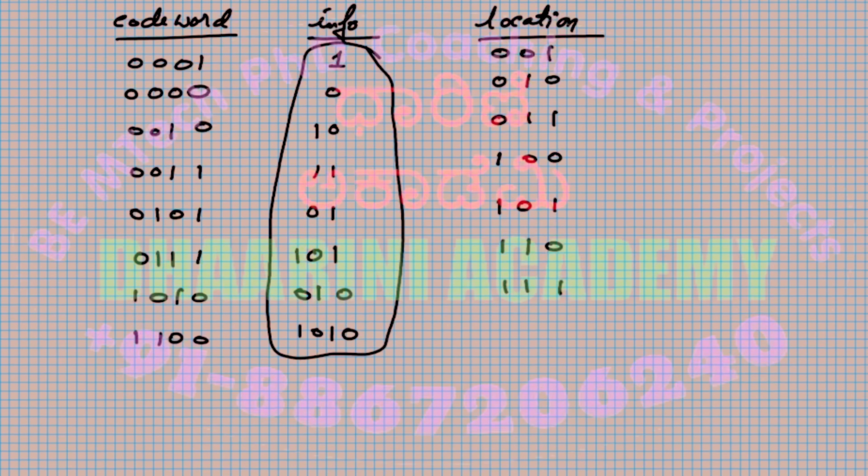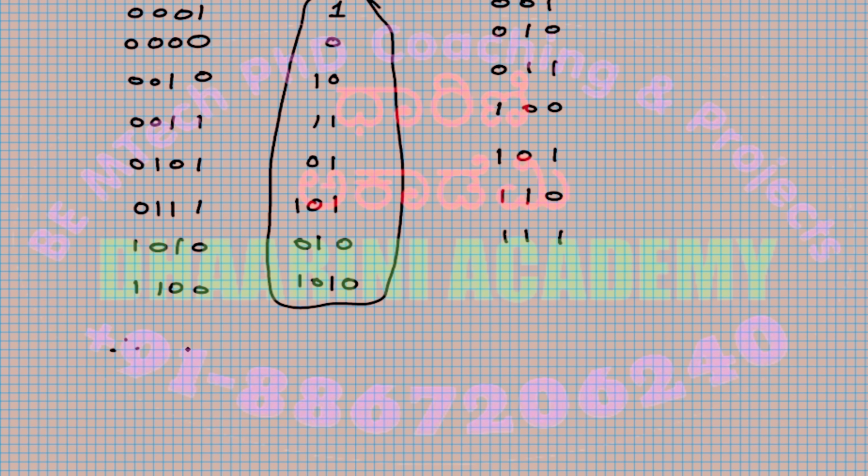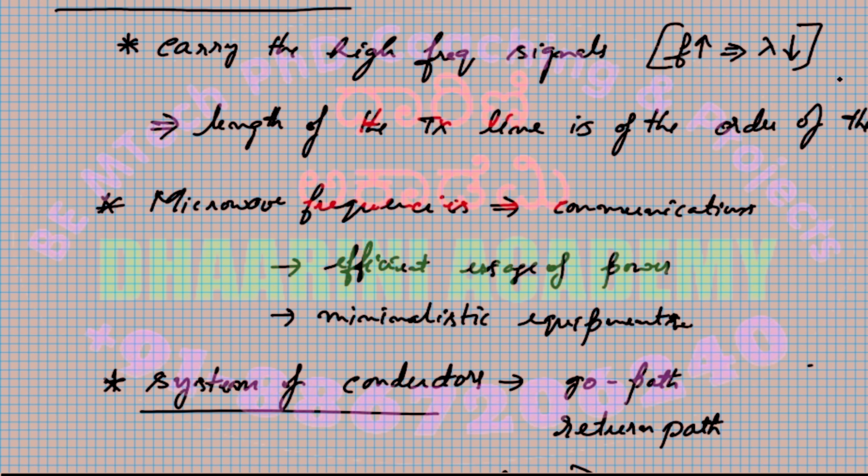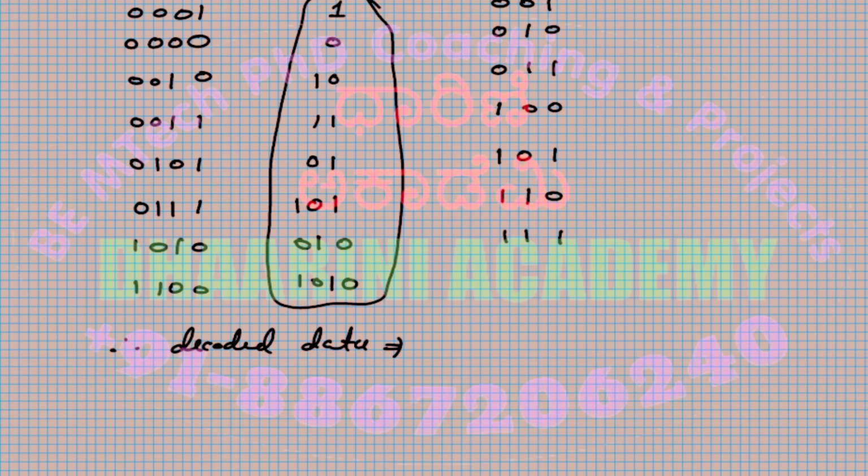So therefore, decoded data. Keep writing one by one. We don't have to write it in any other format. Simply keep writing in one single row, like the given data.